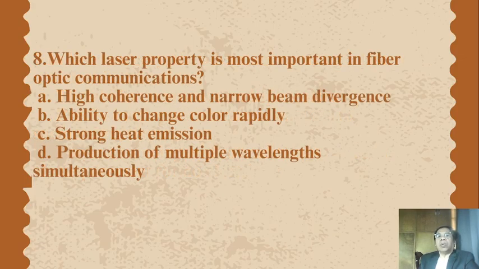Number 8. Which laser property is more important in fiber optic communications? A, high coherence and narrow beam divergence. Letter B, ability to change color rapidly. Letter C, strong heat emission. Letter D, production of multiple wavelengths simultaneously.